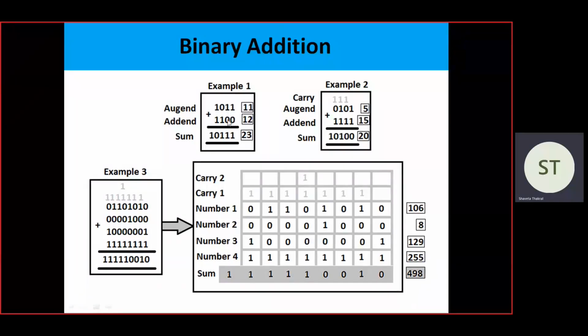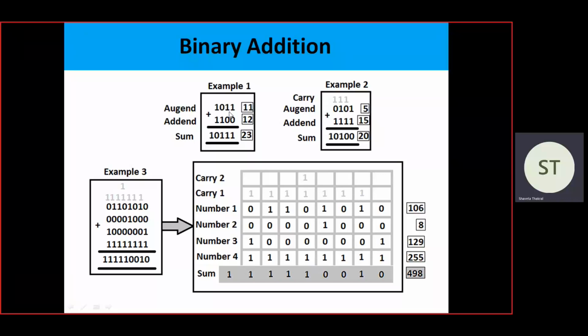Then we add again 1 and 0, so again the sum will be 1 and there is no carry. Further we add 0 with 1, so again the sum is 1 and there is no carry. And finally when we add the two most significant bits, that is 1 and 1, the sum here is 0 and the carry here is 1. So 1 plus 1 is 0 with carry 1.